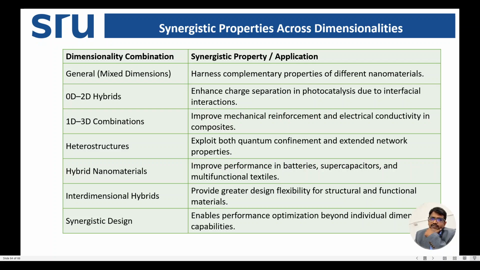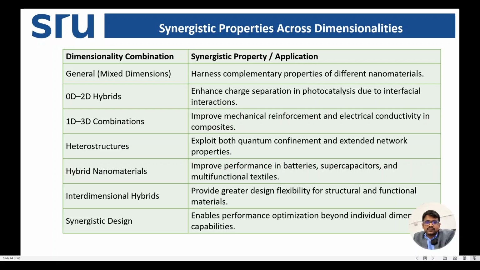You can decorate quantum dots over 2D surfaces. For example, C3N4 is a 2D layered structure, and also MoS2 is a 2D layered structure. Over MoS2, you can decorate gold nanoparticles, or SnO2 quantum dots. So that is 0D, 2D. Likewise 1D, 2D. These heterostructures can provide extended network properties.